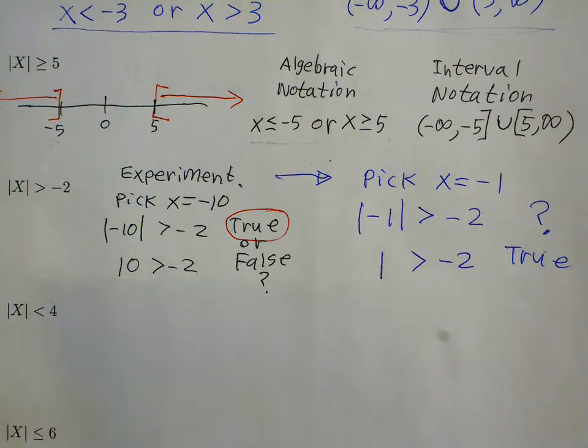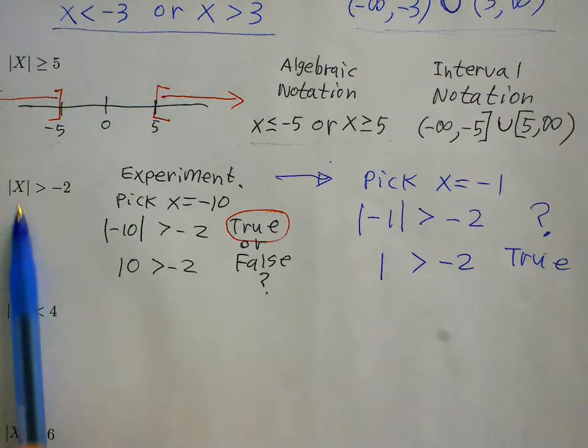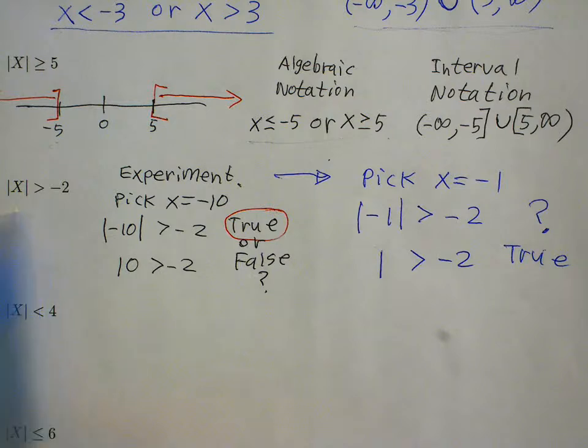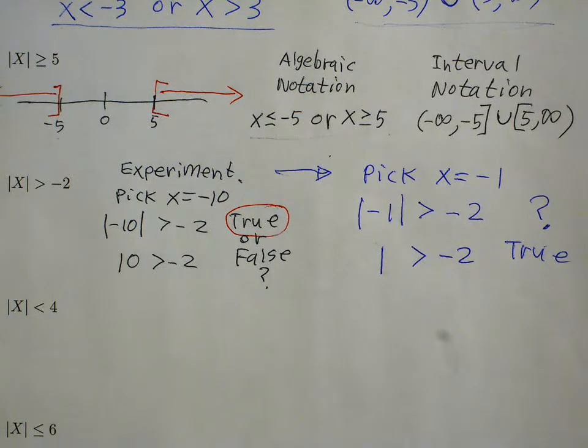So what's the solution set? All real numbers. Every real number is a solution because the absolute value of any real number is either 0 or positive, right? And 0 is greater than -2, and a positive number is greater than -2.